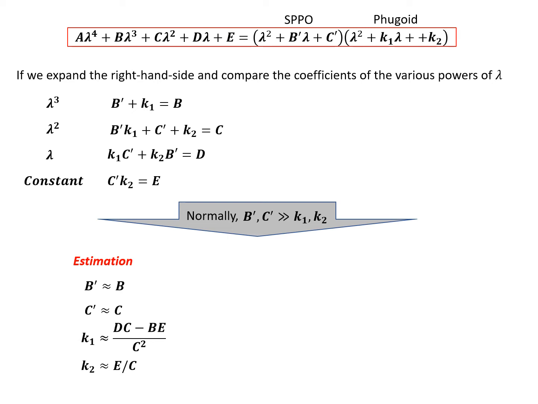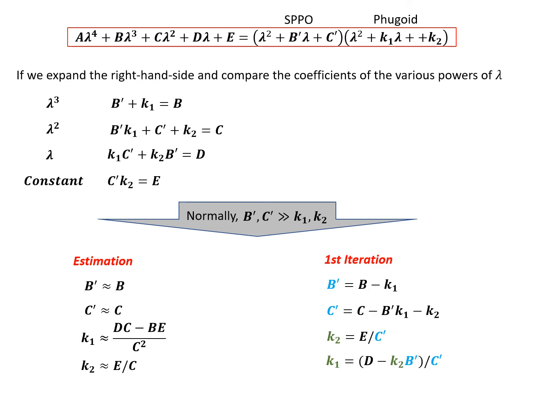Then we plug numbers into the above equations to get an updated result. We call it the first iteration, and we have B prime, the result from the first iteration, equals B minus K1, where for K1 we use the result from the estimation. And C prime equals C minus B prime K1 minus K2.